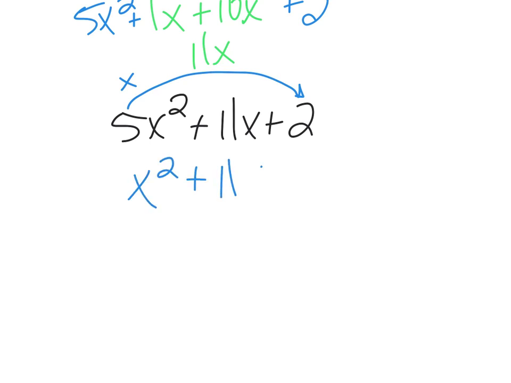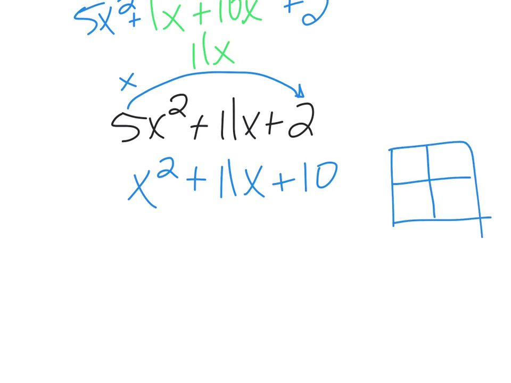This way I force it to be an easier problem where I have no coefficient on x squared, which is totally legal to do as long as, remember, at the end we divide to undo this multiplication that we did. Now this is easier to factor, so you can again do a box method over here. And then 10, you could do 10 and 1 or 5 and 2.